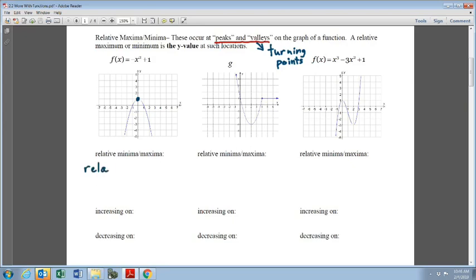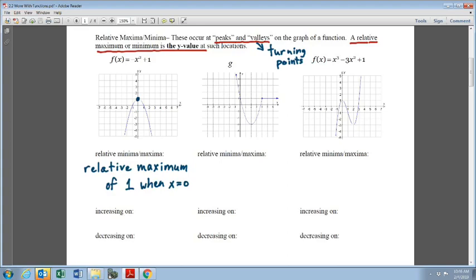In fact, notice it says a relative maximum or minimum is the y value at such location. So at these turning points, in this case, you can see the y value is 1, we also like to explain where it's at. It occurs when x is 0. So we would say there's a relative maximum of 1 when x equals 0. So that's how we would describe that.